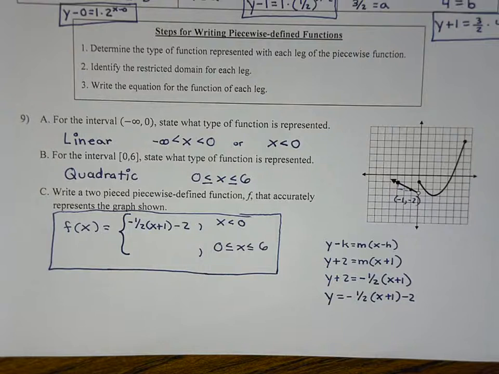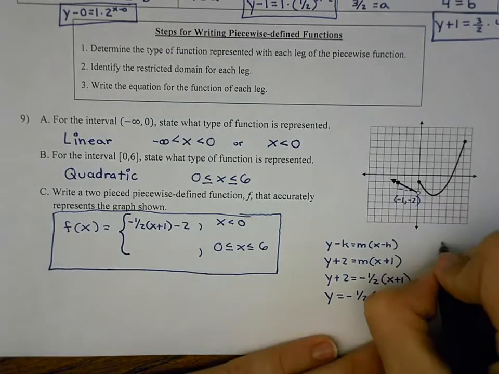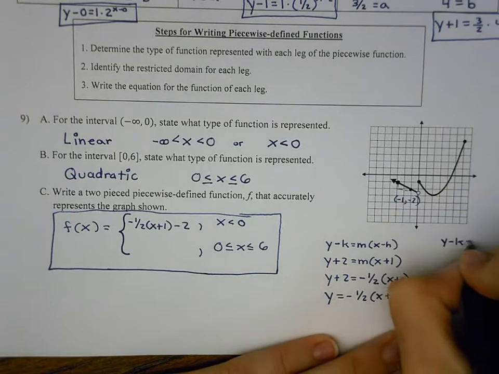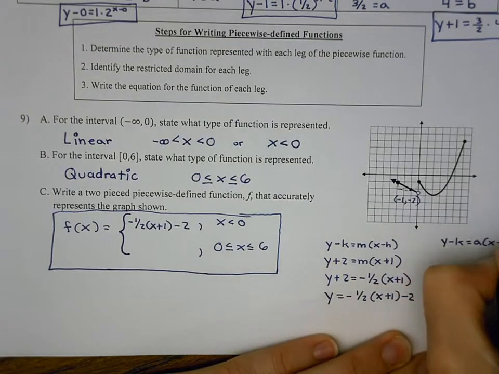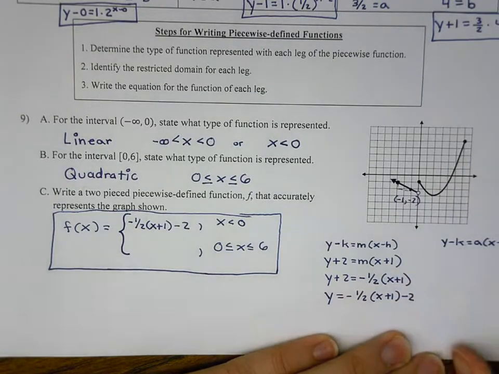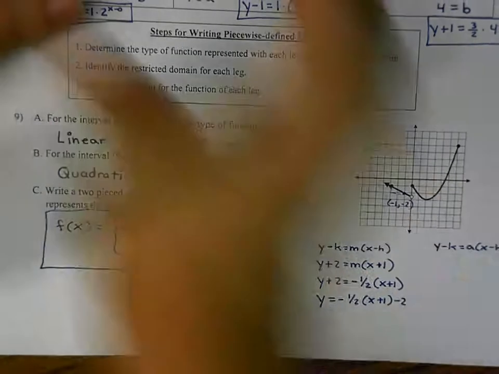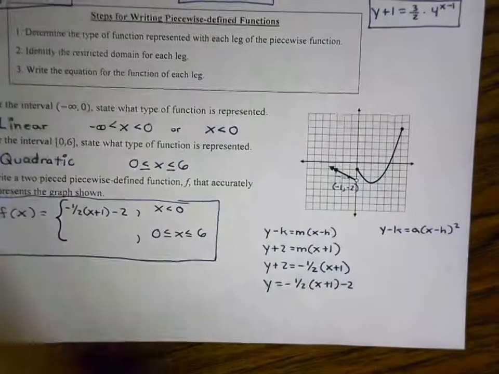Quadratic's up next. What's the descriptive form for a quadratic? We have y minus k equals a times x minus h squared. What is my hk for this quadratic?